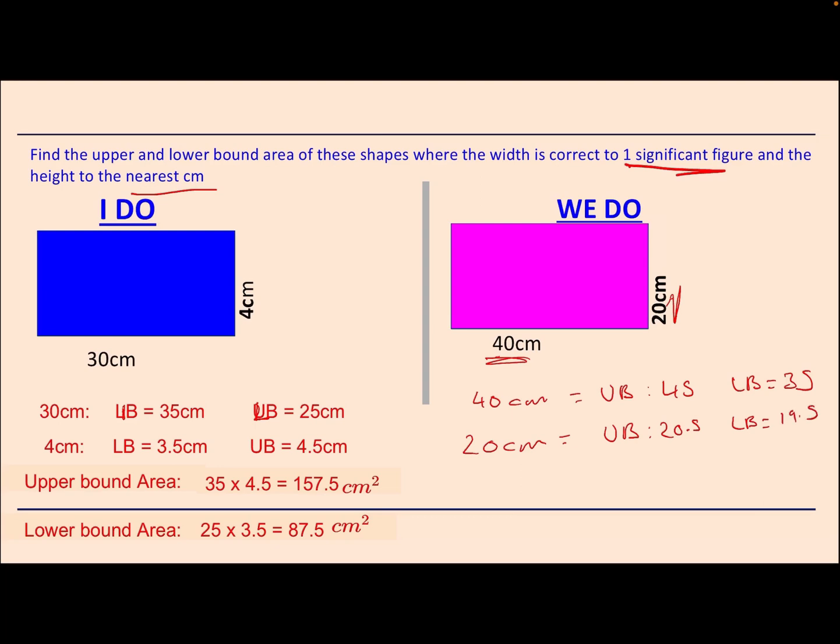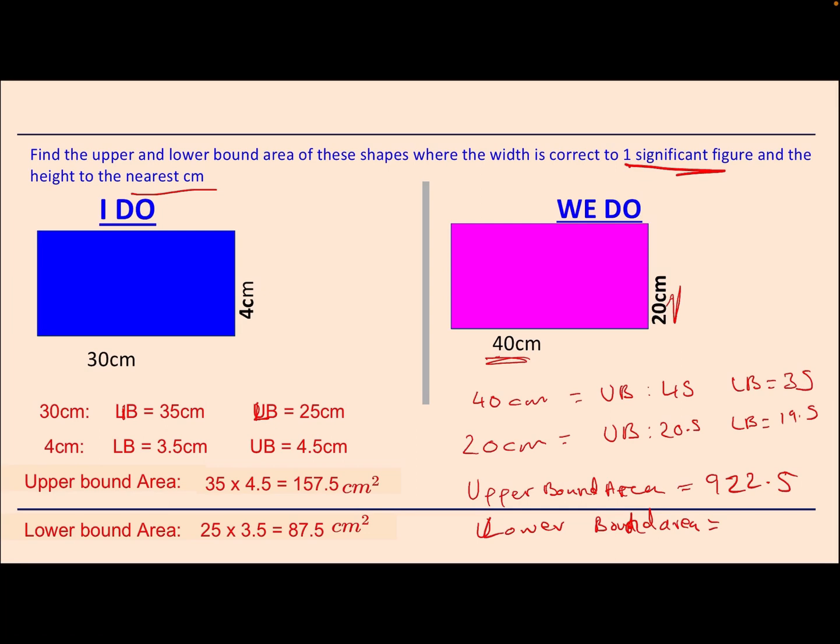Okay, and then now we're going to use these lengths to calculate the upper and lower bound for each of them. So the upper bound area is simply just going to be equal 922.5, and the lower bound area is going to equal, we're going to use the 35 length.